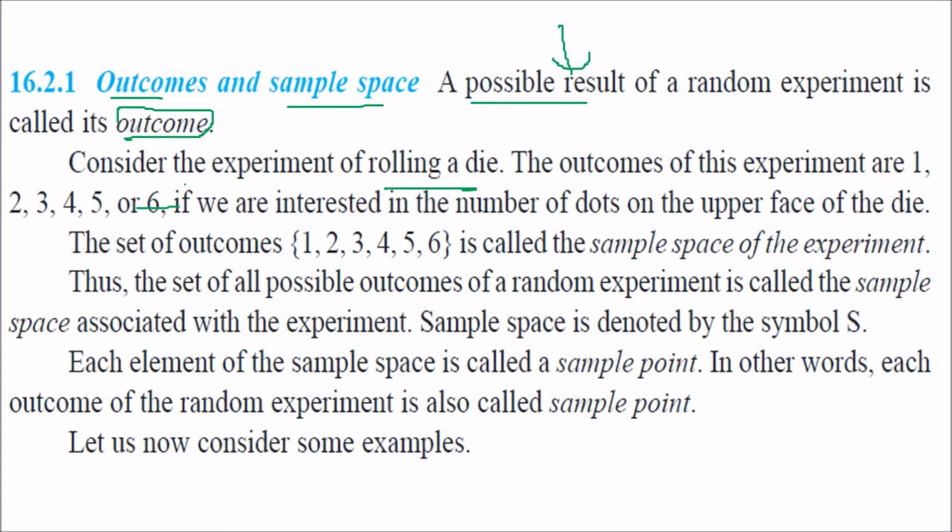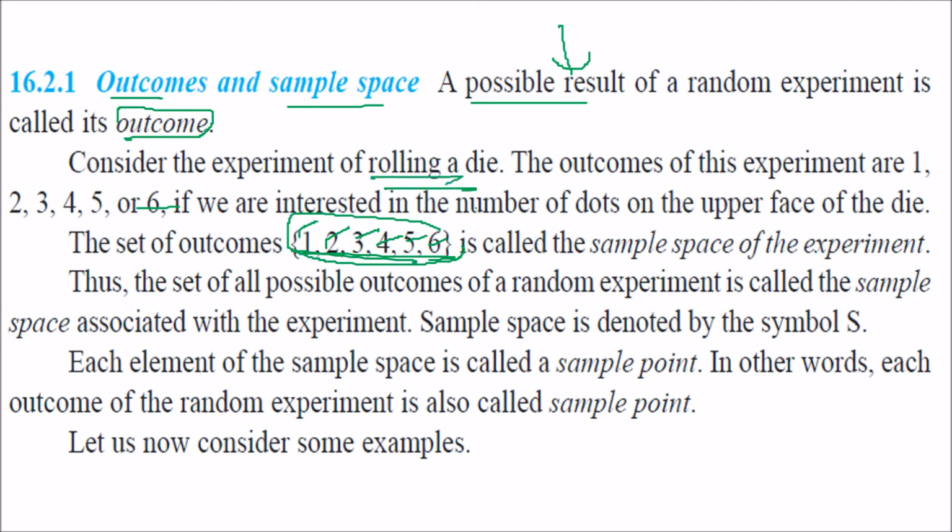There are dots along the faces, from 1 dot to 6 dots. So the possible outcomes are 1, 2, 3, 4, 5, 6. These are all the possible outcomes. So this is the sample space of the experiment.